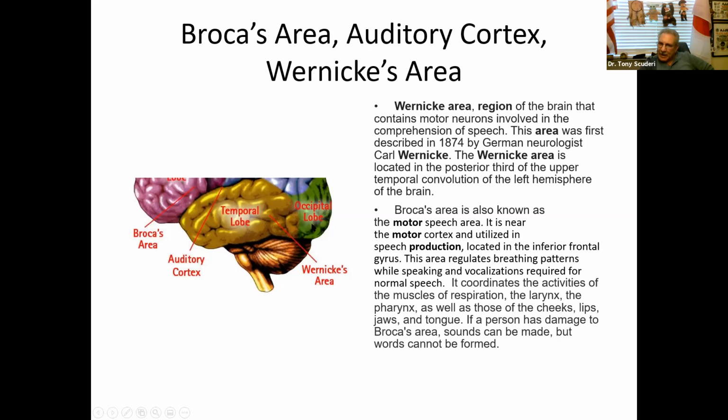Wernicke's area is in the back part of the temporal lobe over here, right? In Wernicke's area, we see it's in the upper third temporal convolution, which is right here. It's in the left hemisphere of the brain, and this deals with how we understand speech. So this is our understanding center.